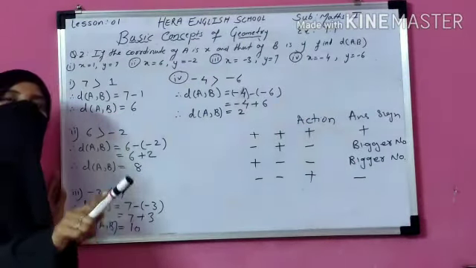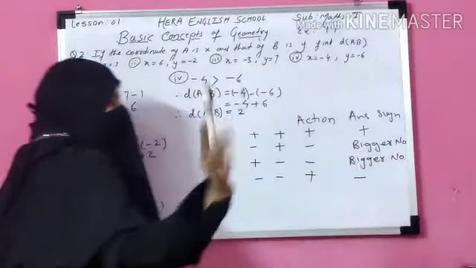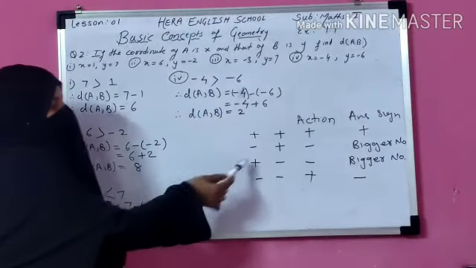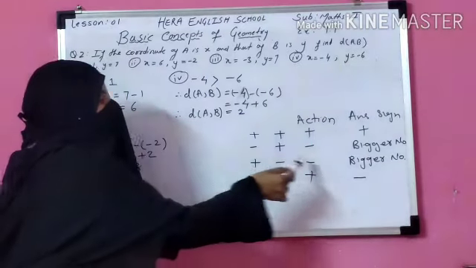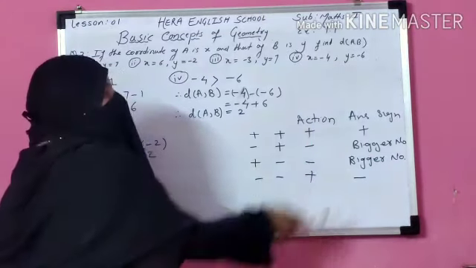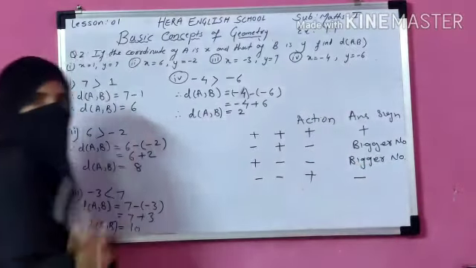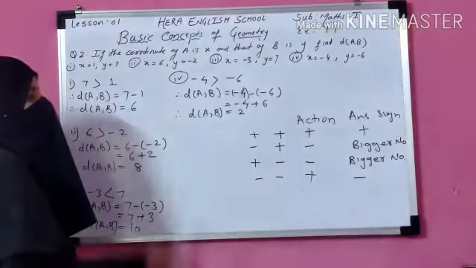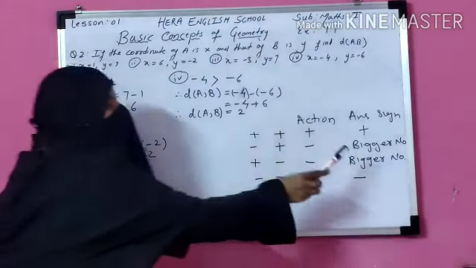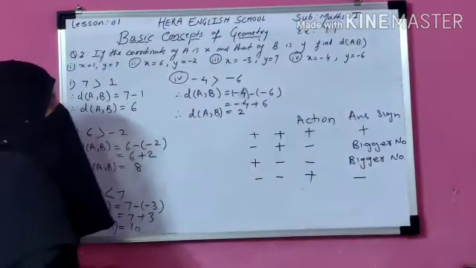If your bigger number is in plus sign, then your answer sign is plus. Next case, if your first number is plus, second number is minus, then plus minus action is again minus, and the answer sign is again the bigger number's. If your bigger number is in minus, then the answer is in minus. If your bigger number is in plus form, then you have to write the plus with the answer.